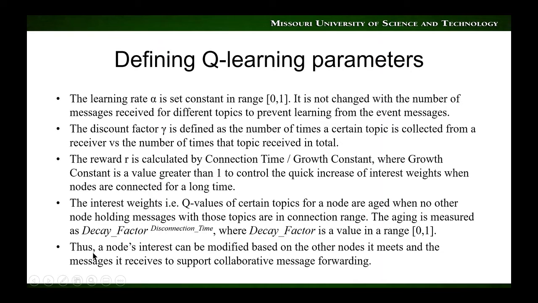And finally, the interest weight can also be decayed based on the decay factor. It means that if some node with some particular interest is not connected to some other node with the same interest, the Q value for that topic will decrease. So that's how we adjust the interest of each node.